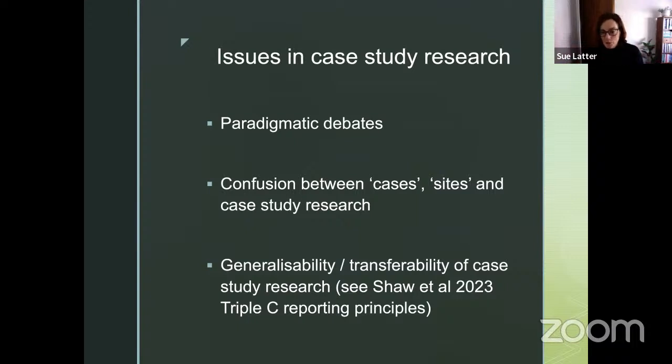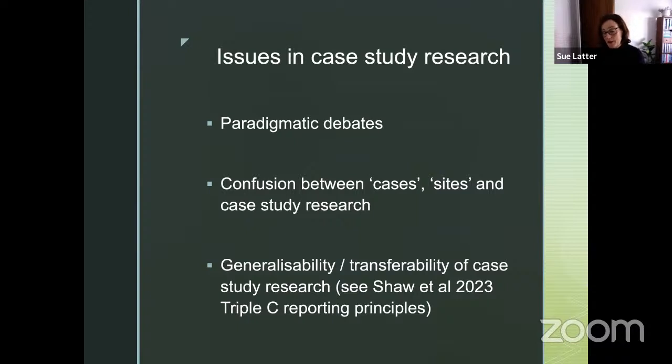You're not doing this kind of multiple methods, triangulation approach to understanding context. So beware that there are people who call their sites, when they're just doing qualitative research, cases. But there is a difference between, as I hope I've made clear today, really engaging in case study research and just calling qualitative or even quantitative approaches to research cases or sites.